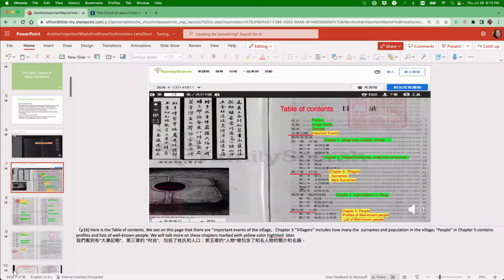It depends on the village community; the community decides what is included and what is not. You can see the usage guide overview, and chapter 1 talks about the village area, locality, and climate. Chapter 2 is about village residential streets and companies.